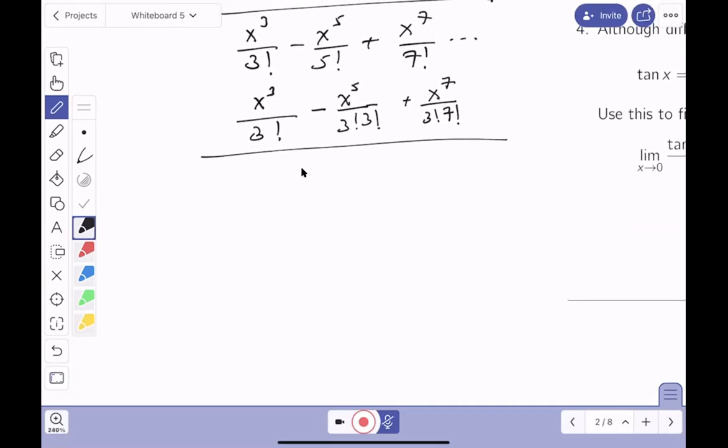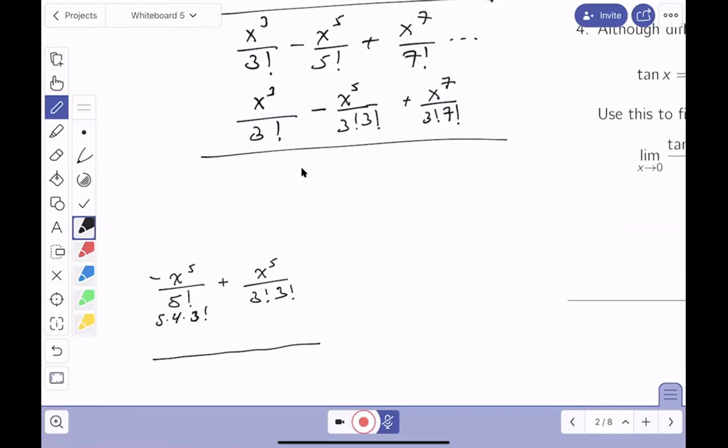And I'll put down what the work is. It's a nightmare. So it's minus x^5 over 5 factorial plus x^5 over 3 factorial, 3 factorial. Well, I got to get a common denominator. And I want to point out, it's not easy, but 5 factorial is really 5 times 4 times 3 factorial.